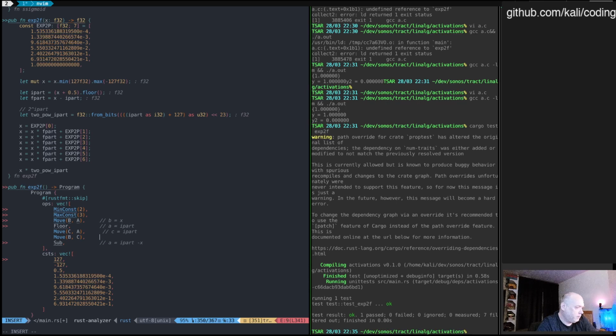So C equals I part. So now I must write in A, and I will put A equals whatever was in B, so X. And finally, I will put in B whatever was in C, so that's B equals I part.